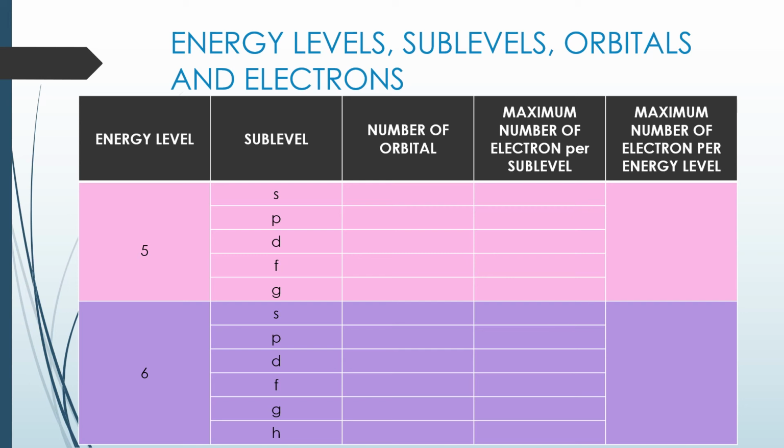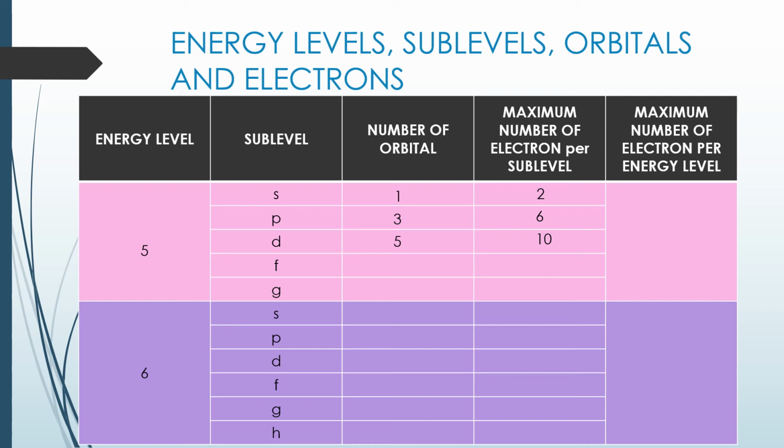For the fifth energy level, we have S, P, D, F, and G. For the S, we have 1 orbital, and there are maximum of 2 electrons for the S sublevel. For the P, we have 3 orbitals or a maximum of 6. For D, we have 5 orbitals times 2 electrons per orbital.